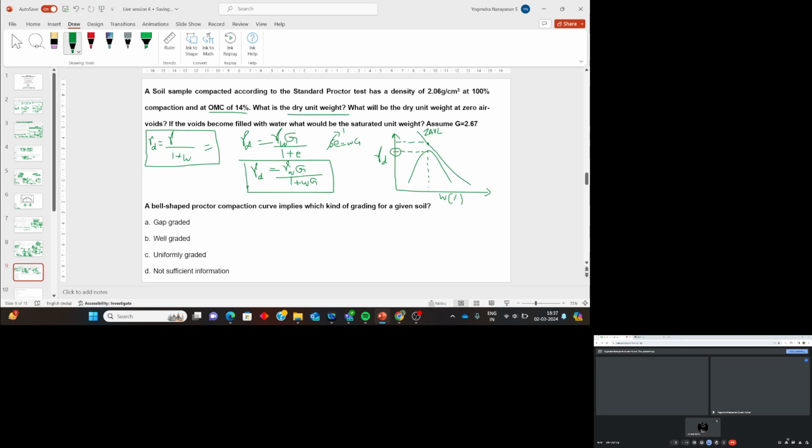The first part you need to get with this, and this part with this. Always this will be greater than this one. So you can solve this and let me know the answer. Then we will know how the saturated unit weight is calculated.